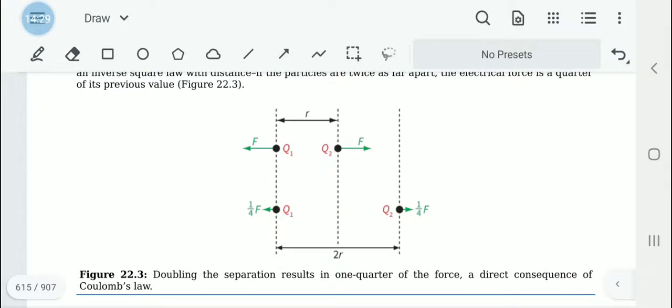Then pause the video and draw figure 22.3. And write down, when the separation is doubled because of the inverse square law, the force becomes 1/4 of the original.